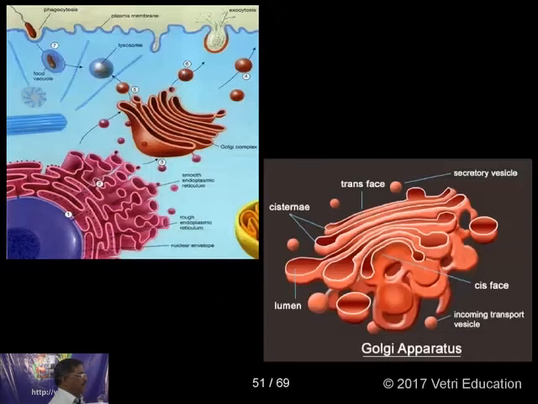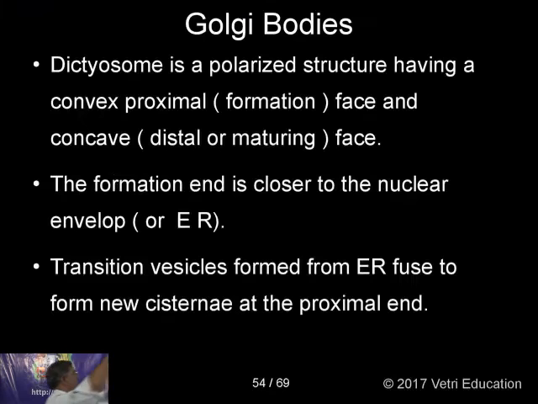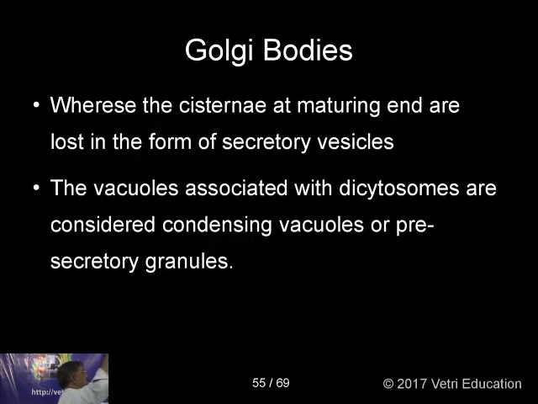See here, these are the cisternae having a broad end and a narrow middle, and some vesicles are attached at the corners. These transition vesicles formed from the endoplasmic reticulum fuse to form new cisternae at the proximal end. Next, the cisternae at the maturing end are lost in the form of secretory vesicles.